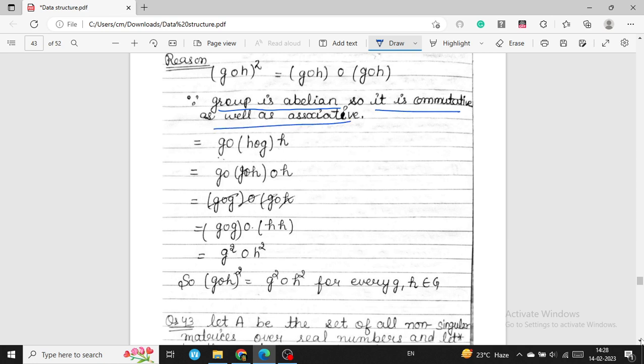First we take G o (H o G) in bracket and H outside, then G o G, o is outside and G o H in one bracket. Then G o G o H o H, G square o H square. This is given in the question.